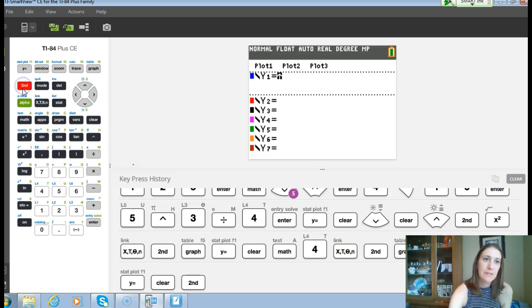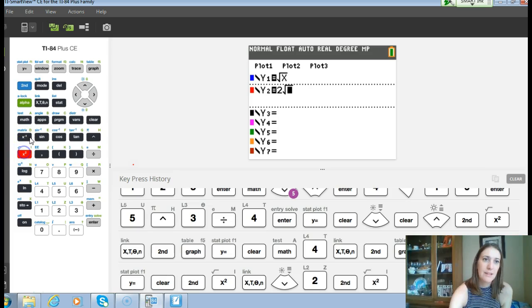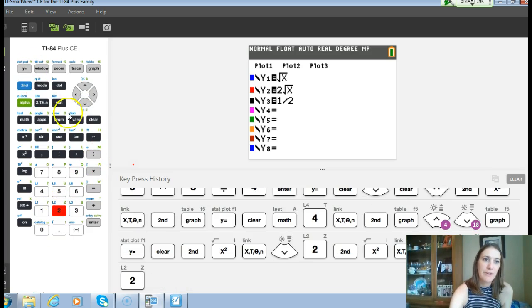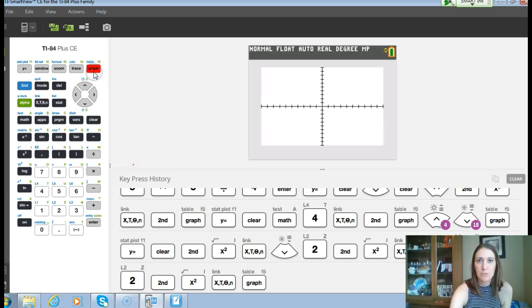All right, so I'll do the mother function, the original function in y1, and then 2 times the square root of x right here. And then we'll do 1/2 times the square root of x in y3. All right, so blue, red, okay.